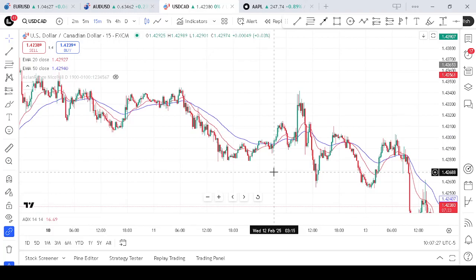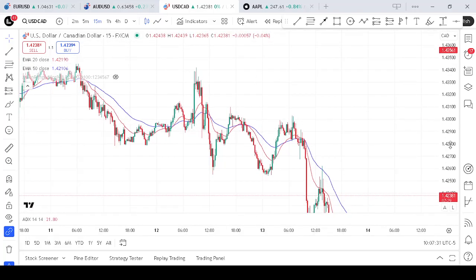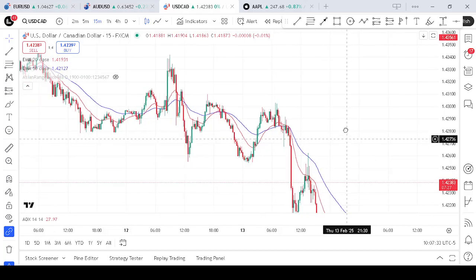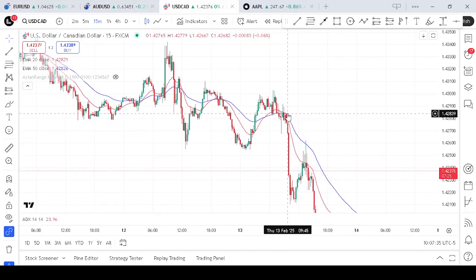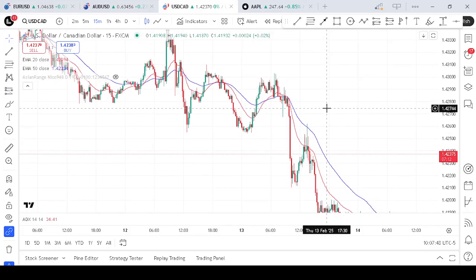It's the same thing when the shorter moving average crosses below the longer or the bigger moving average, that's the 50 moving average. When the 20 moving average crosses below the 50 moving average, it is a sign of a potential downtrend. How do we enter trades?